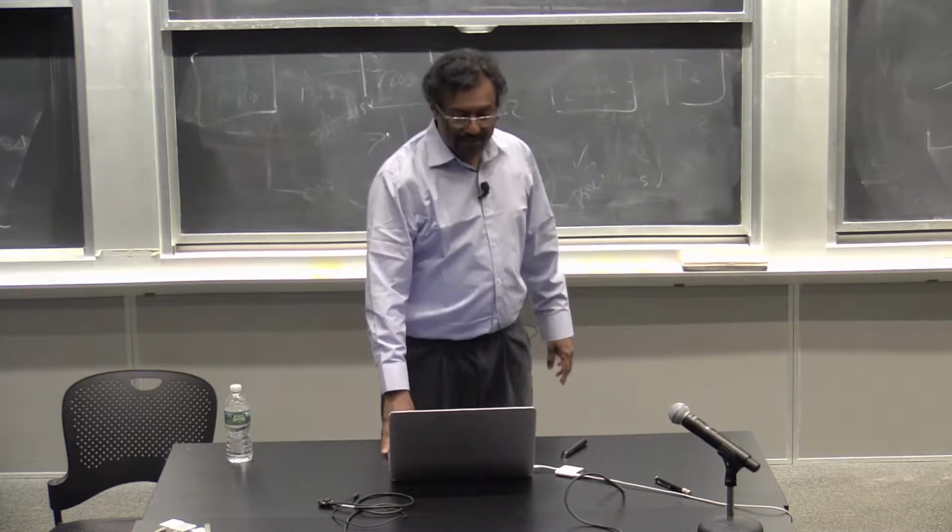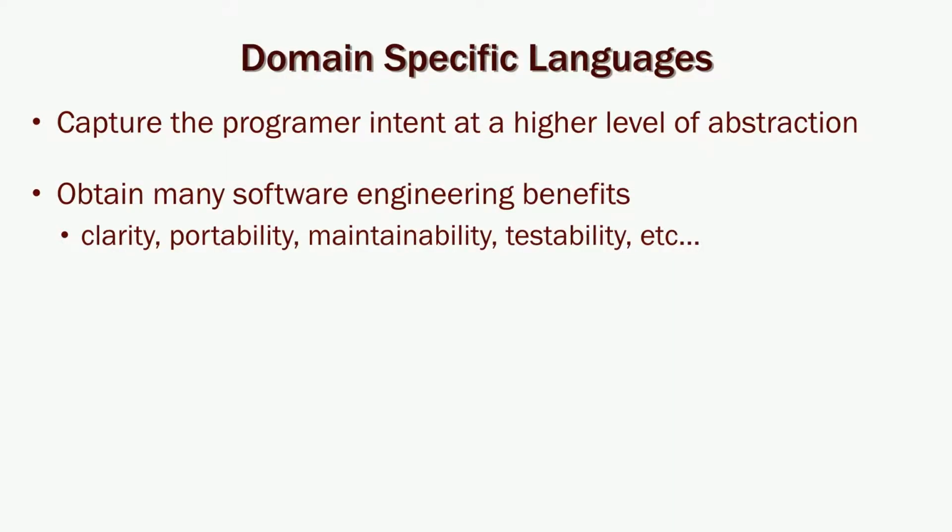So a domain-specific language has a lot of engineering benefits, because if we know that what you are building has a certain shape, a certain set of properties, and the language captures this, then it could be much easier to build. It should have a lot of clarity.